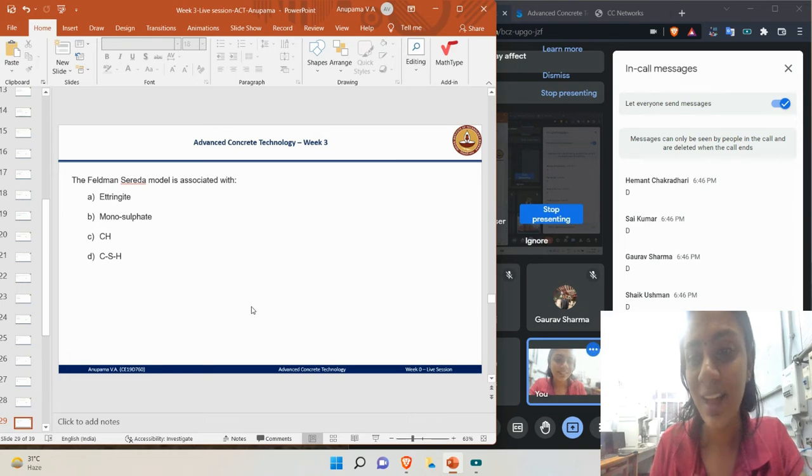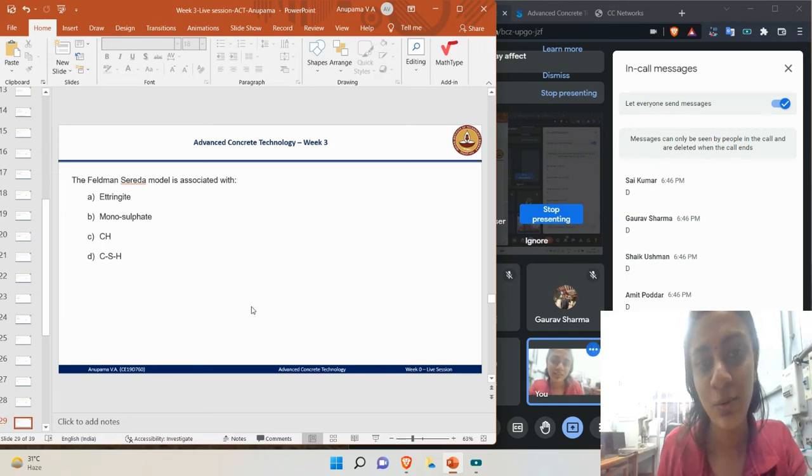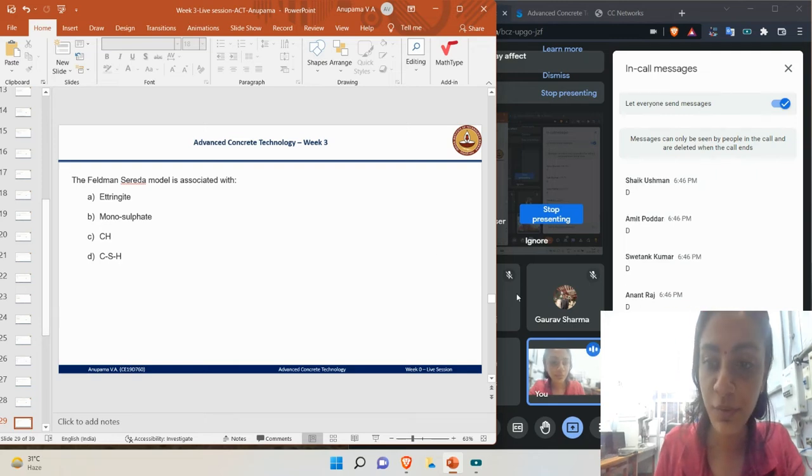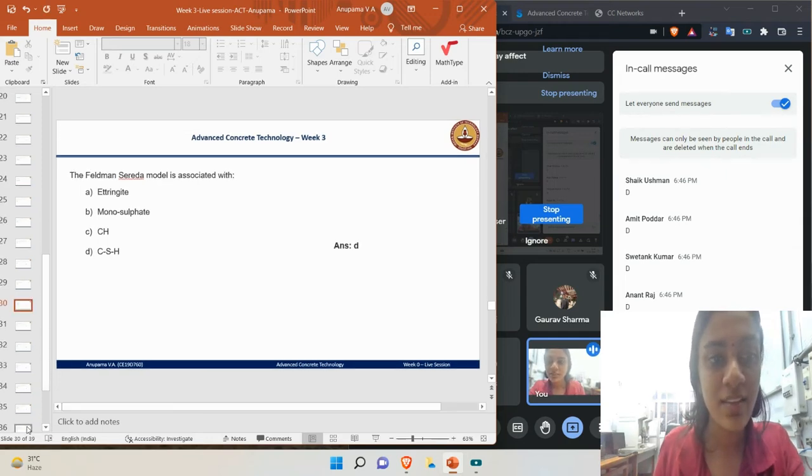At least half of the class can answer. This is a fairly easy question. We dealt with only one model along this lecture, the Feldman-Sereda model. It also tells that the structure is a layered structure with different water inclusions in it. As most of you rightly said, the correct answer is CSH. So the Feldman-Sereda model is associated with the structure of CSH.